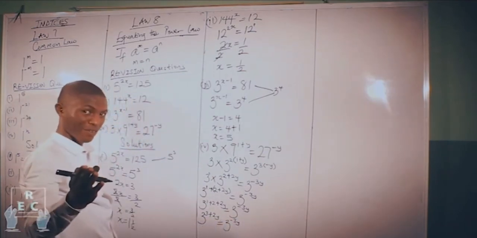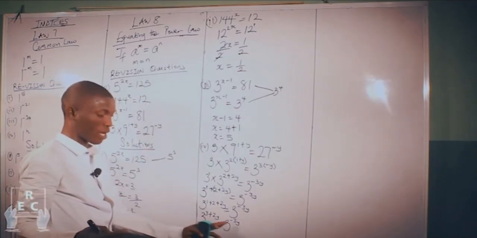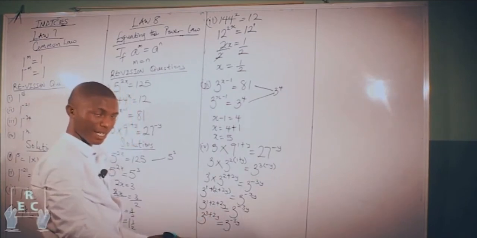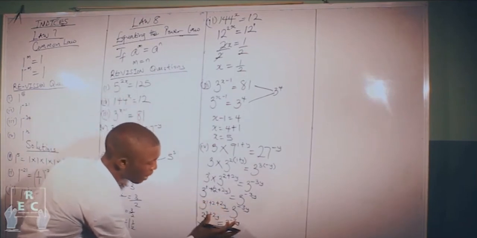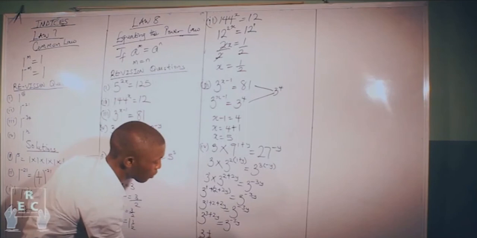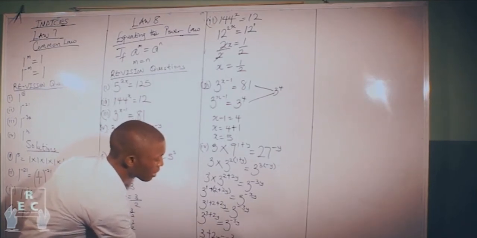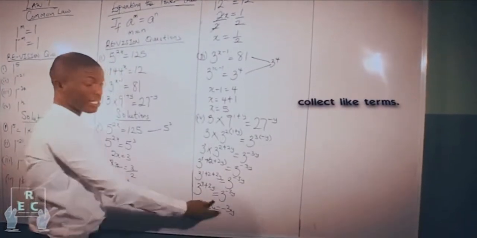Okay, now we have got to that stage where we equate the power when the bases are the same. So now you don't need to cancel, remember, just equate, bring down the power. Because of this equal sign, it becomes 3 plus 2y equals minus 3y. Dear learner, collect like terms.